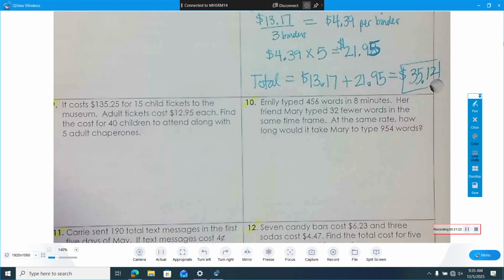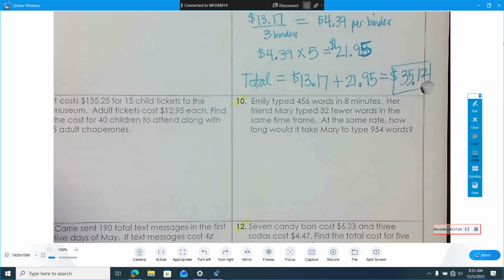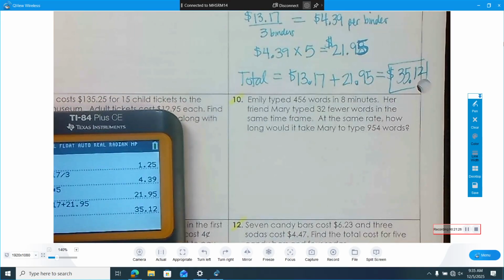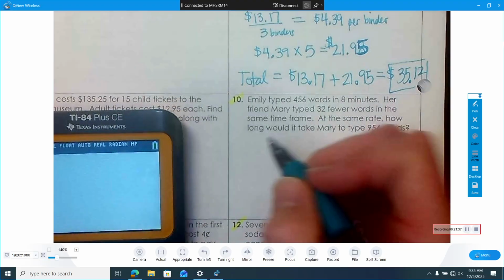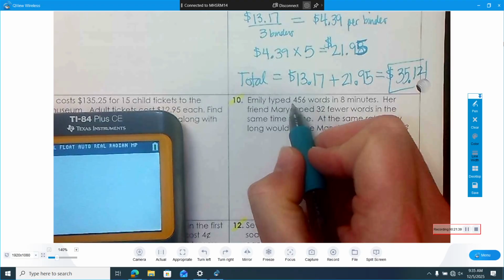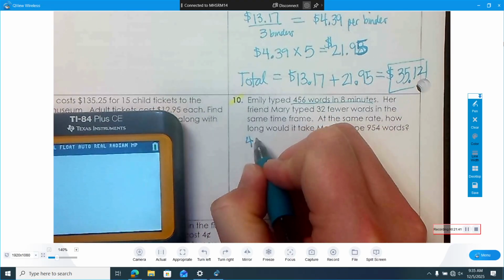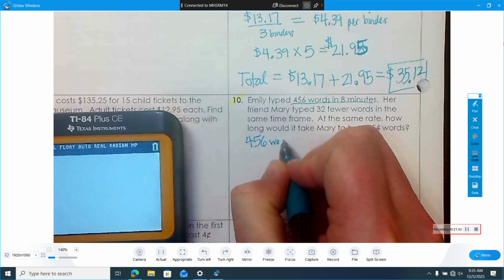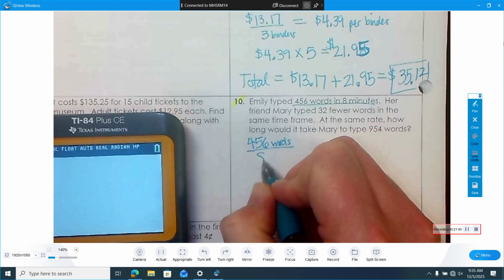Let's look at number 10. Emily typed 456 words in 8 minutes. Do you see a fraction in that? What's your fraction? 456 over 8. Yeah, 456 words in 8 minutes.